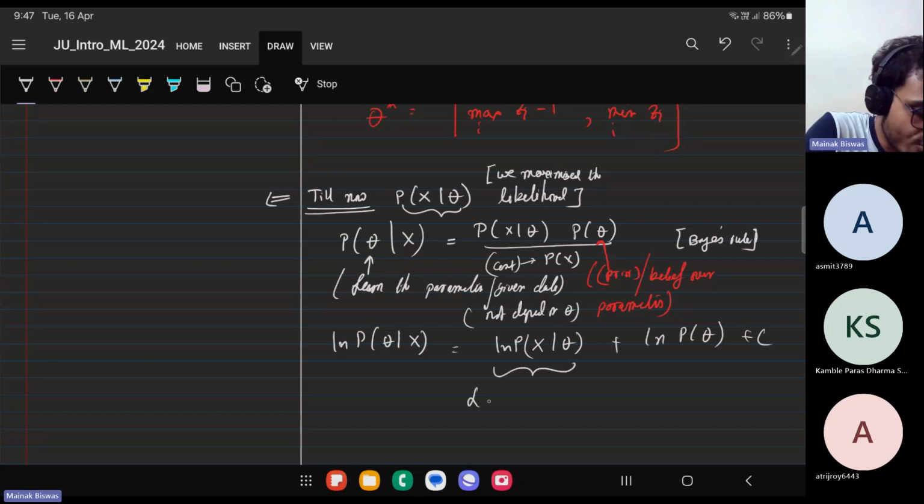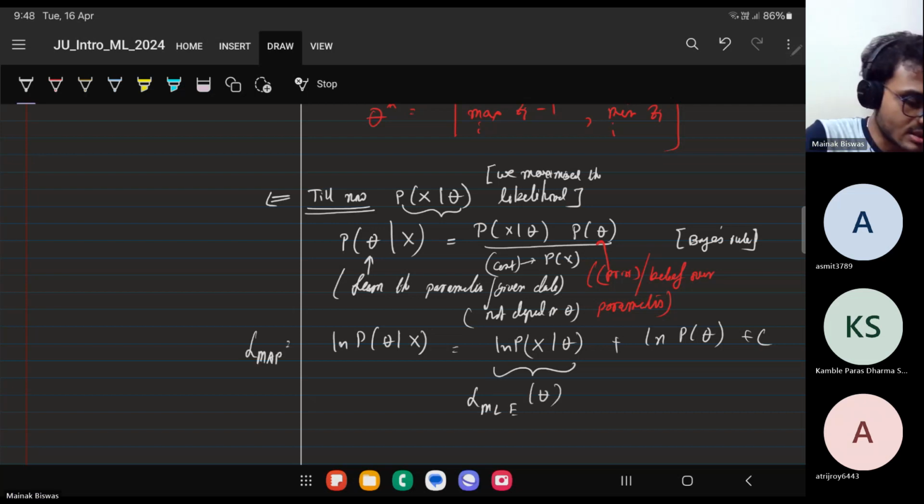So what is this? This part is the loss of MLE, right? Yes or no? This is the loss of the MLE, and this is the MAP. In maximum likelihood estimation, we maximize the likelihood. But here we are going to jointly optimize the likelihood of the data plus the priors over the parameters theta. So this helps us understand.